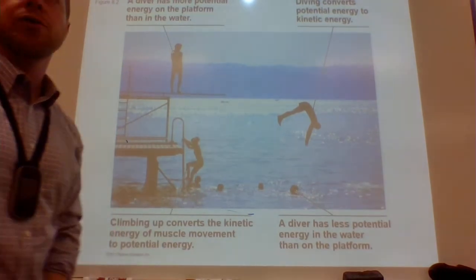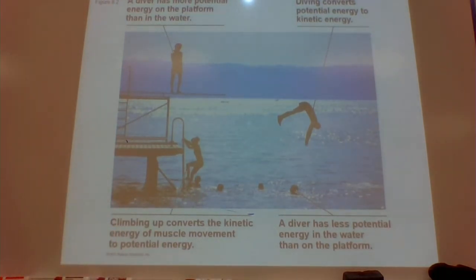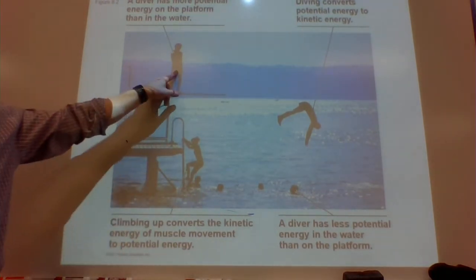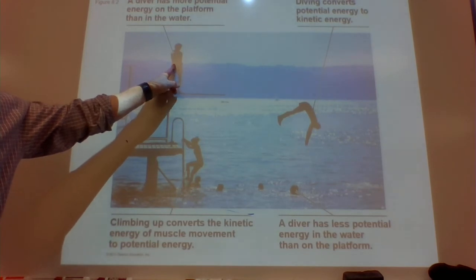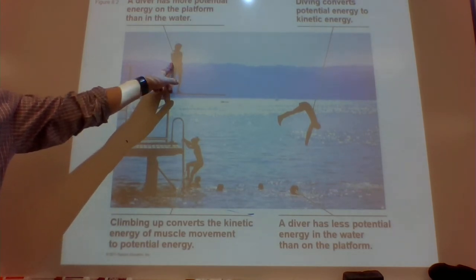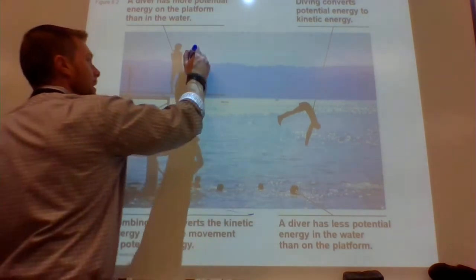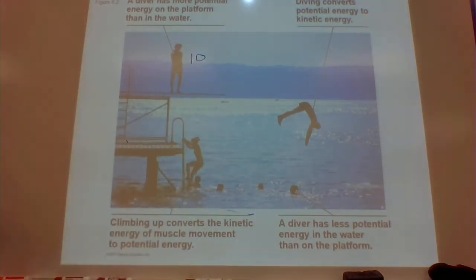Now look at the girl jumping off the diving board. When she's at the top, did we say her energy is high or low? She's high, right? Might be 10 units of energy. She's got high potential energy. Does she have a lot of potential energy or kinetic energy when she's at the top? Potential, because of her location.